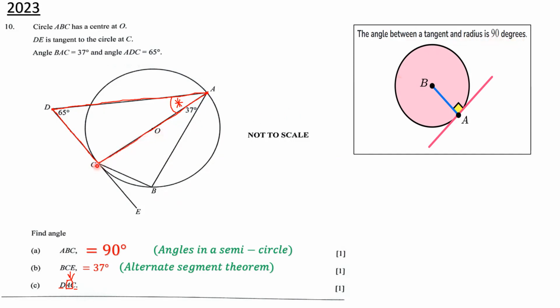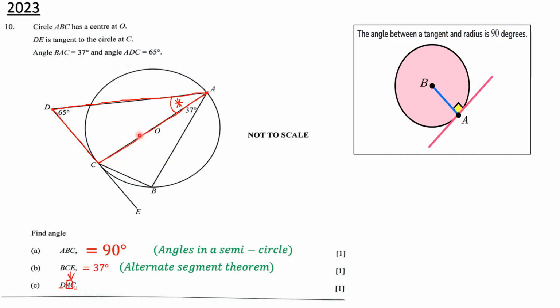O is the origin, the center of the circle, and C is on the circumference, so line segment OC is definitely the radius.